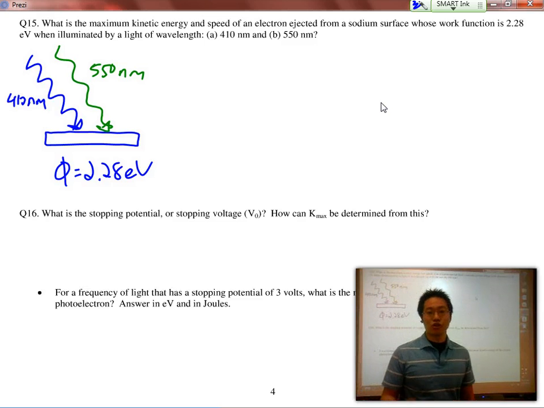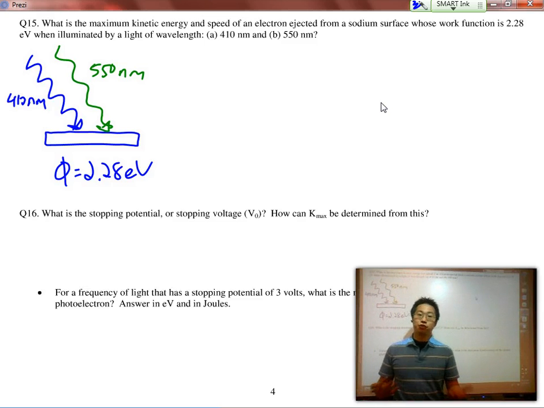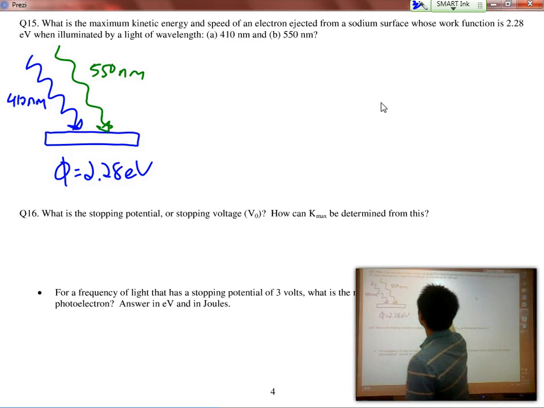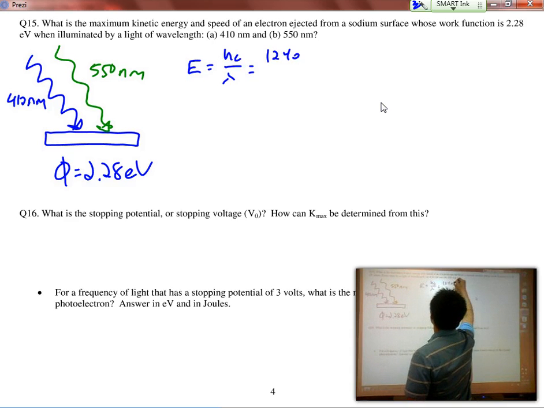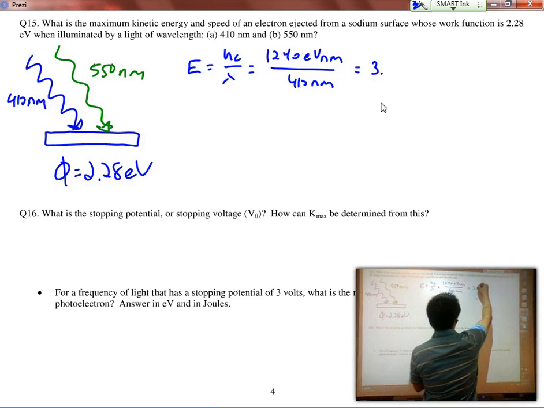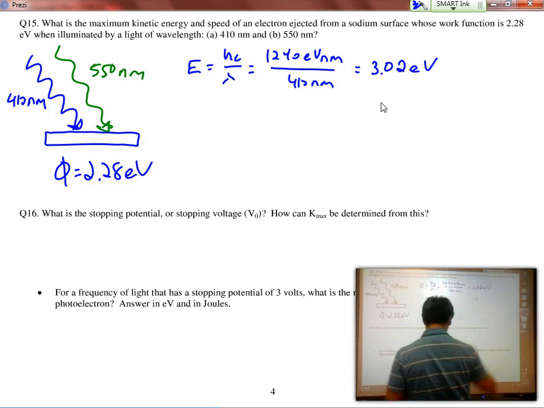Well, the first thing you should always do is convert everything into energy. So if I know the wavelength of light, with the blue, the energy is equal to hc over lambda, so that equals 1240 electron volt nanometers divided by 410 nanometers, which equals 3.02 electron volts.